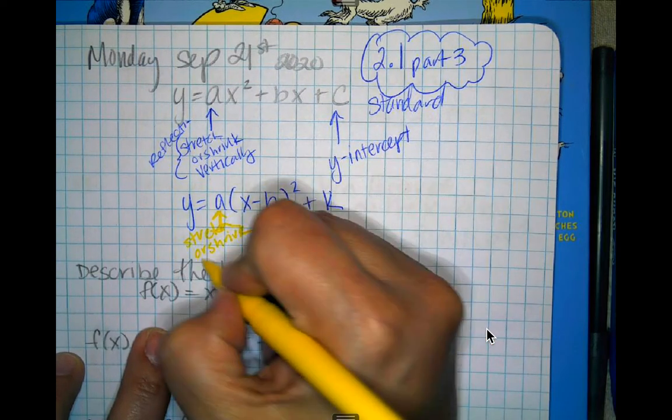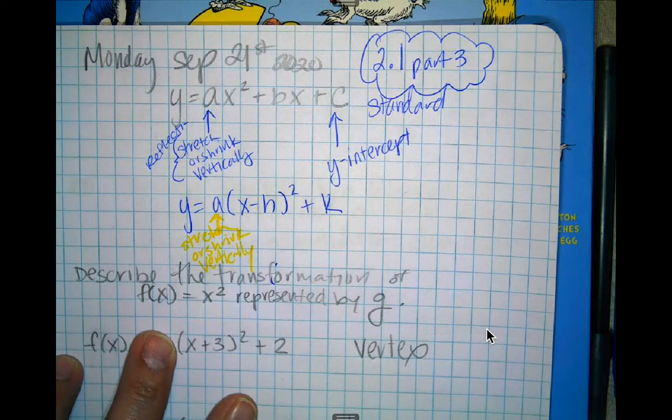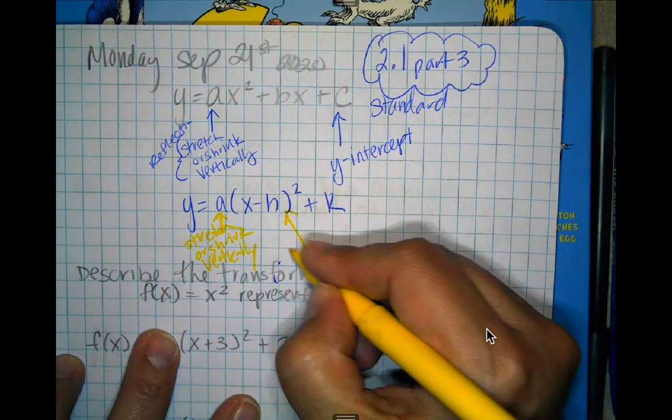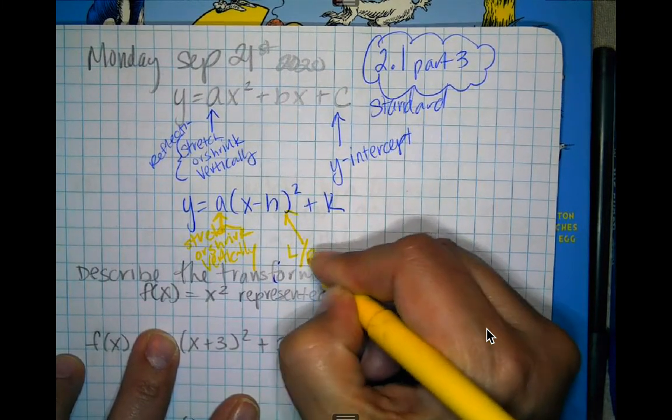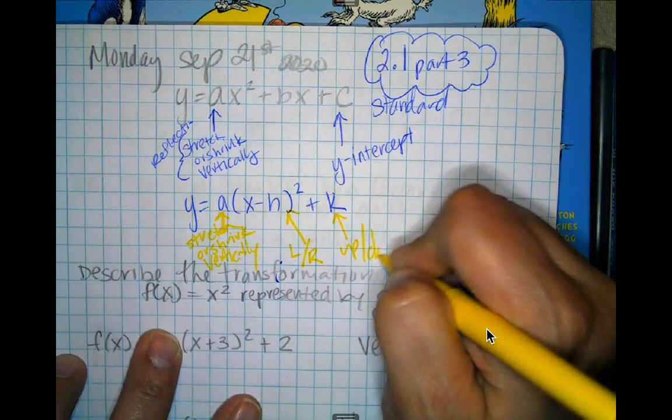H is the shift left or right, and K is up and down.